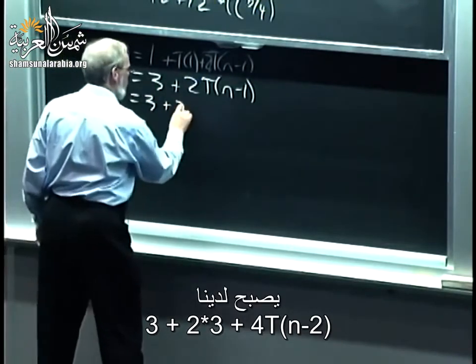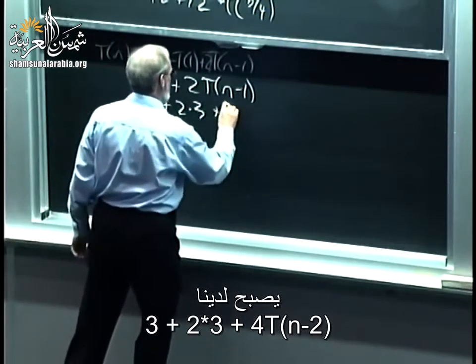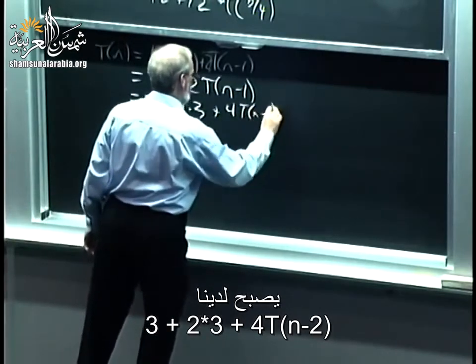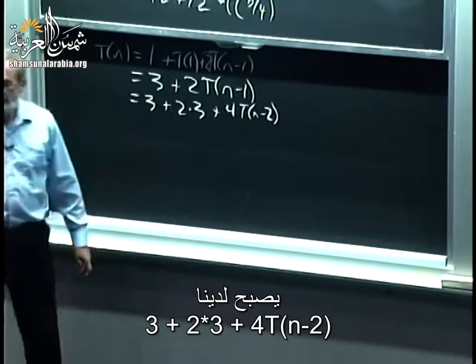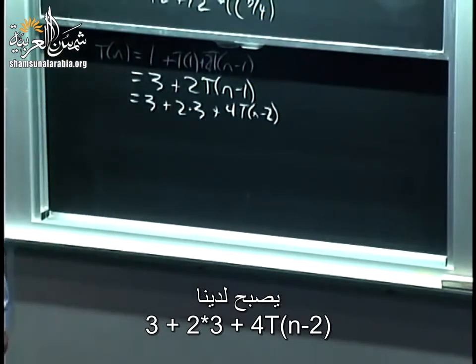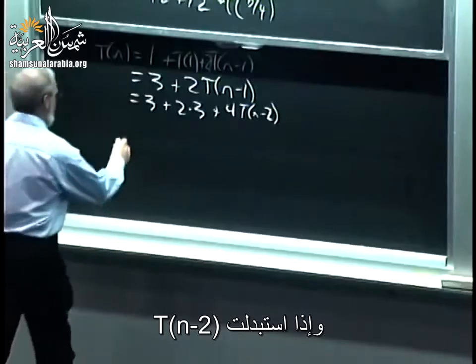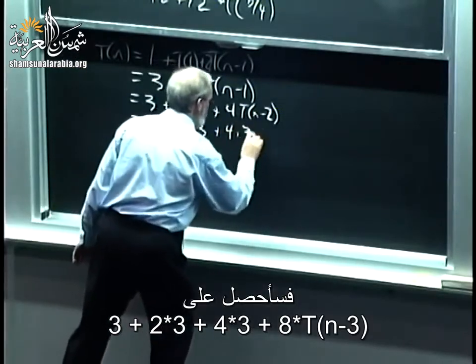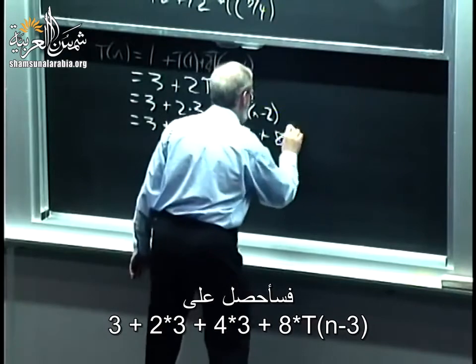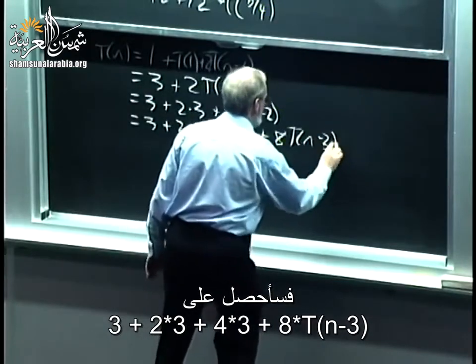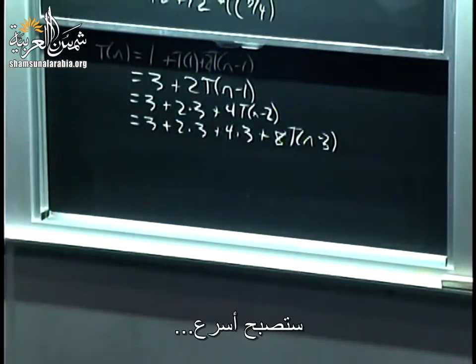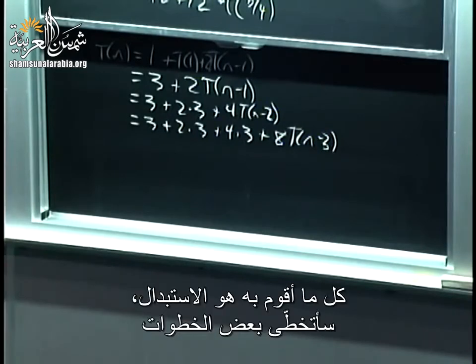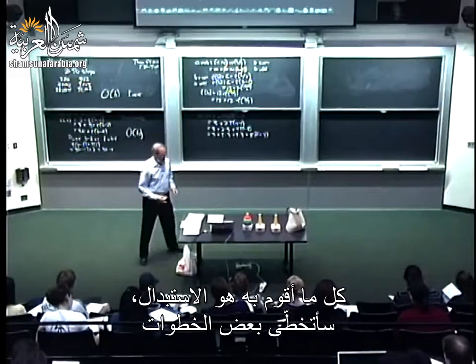So this is 3 plus 2 times 3 plus 4 T of n minus 2. And if I substitute it again, I get 3 plus 2 times 3 plus 4 times 3 plus 8 T of n minus 3. This is going by a little fast. I'm just substituting in. I'm going to skip some steps.